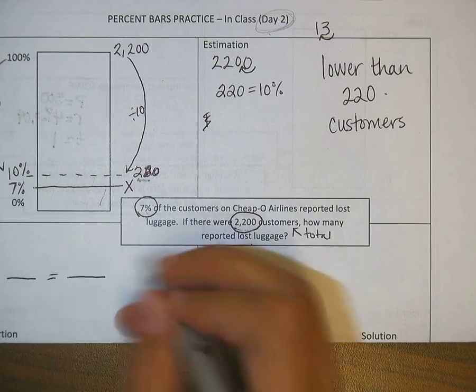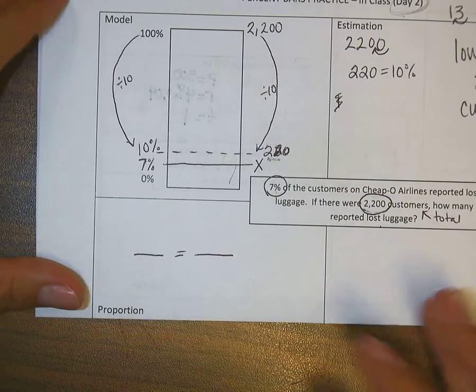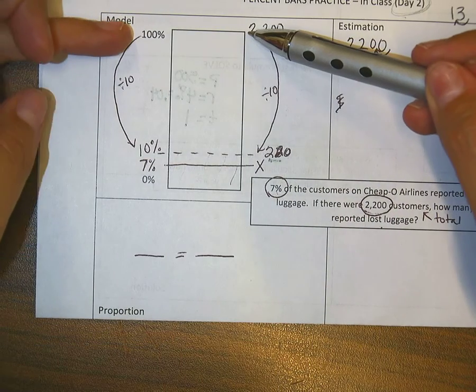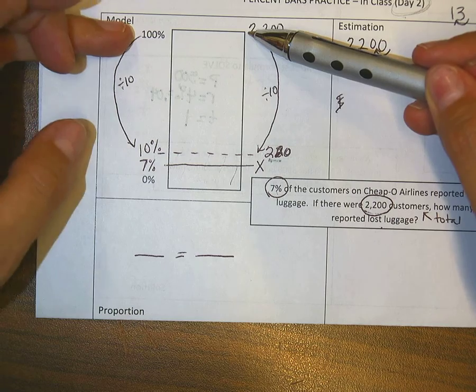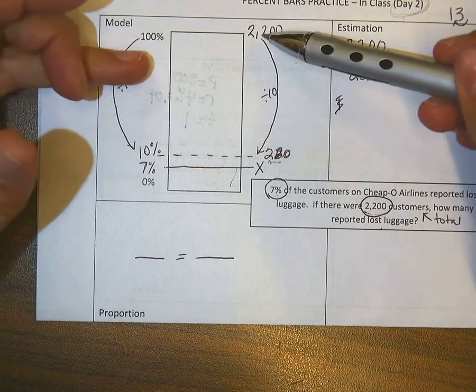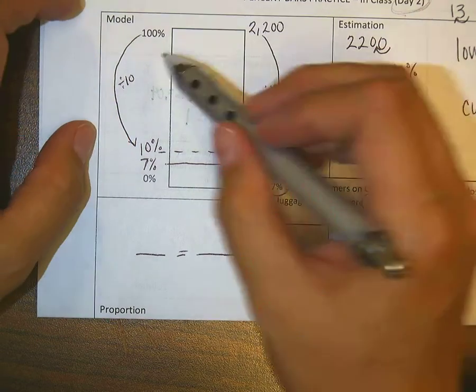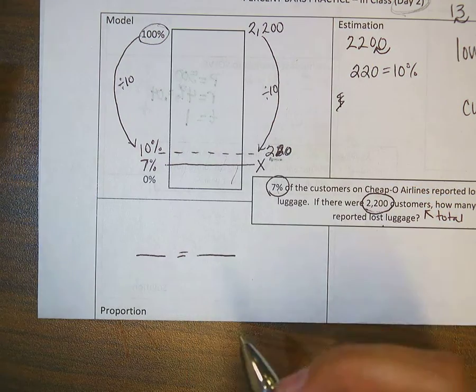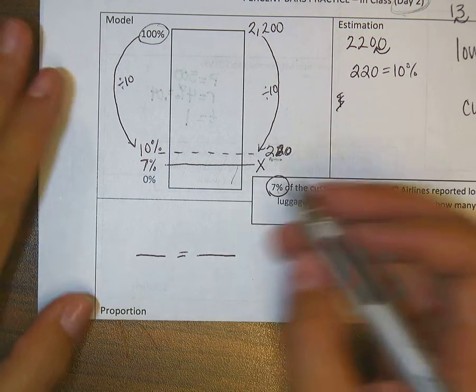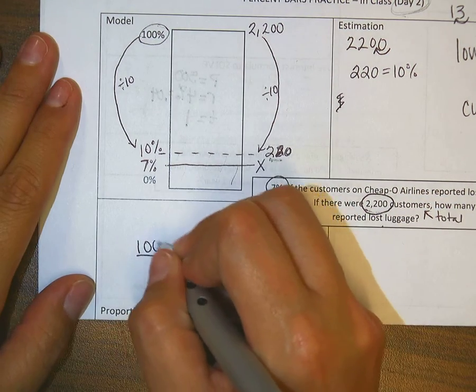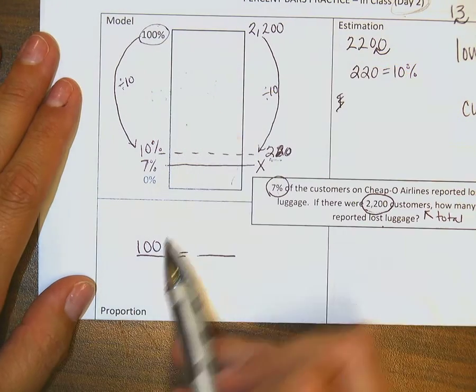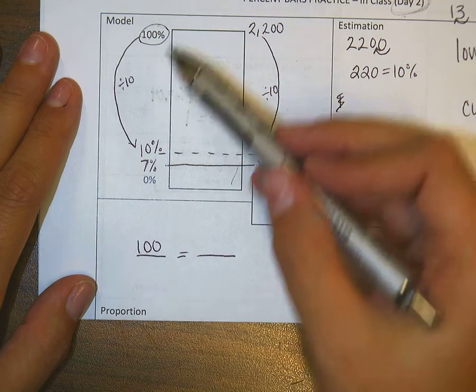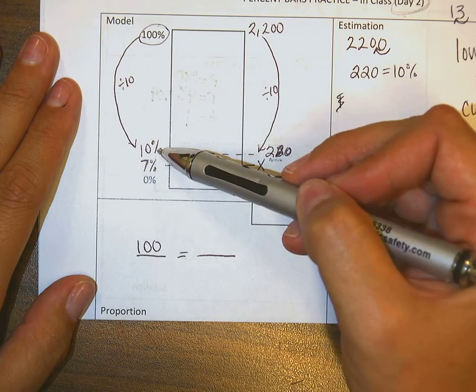Now I want to go ahead and set up my proportion. The other reason why we do a percent bar is because it should help us to figure out how to set my proportion up. Here I have 100. That's the number that we always use when creating the proportion. In this one, it's up on the top left. And then we look for the other info we have over here with percents.